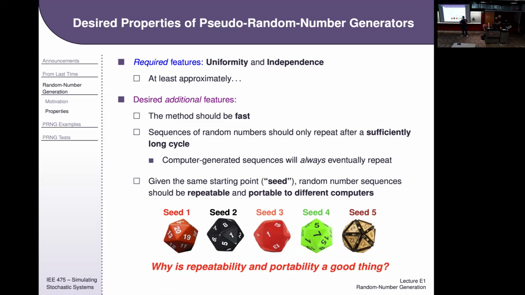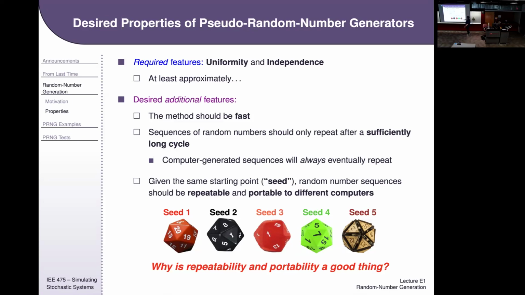Because Arena, unless you tell it differently, will start with the same seed again and again. Every time you run a new replication, it will move to a different seed. But every time you start Arena, replication one will always use the same seed. And that's on purpose.